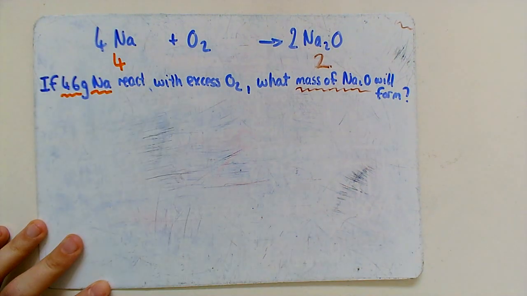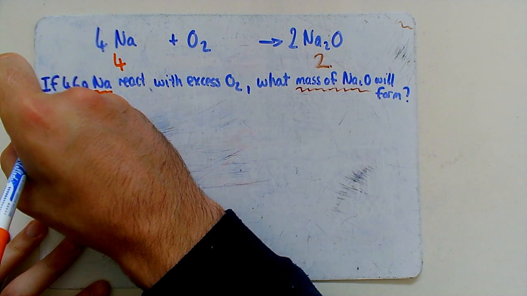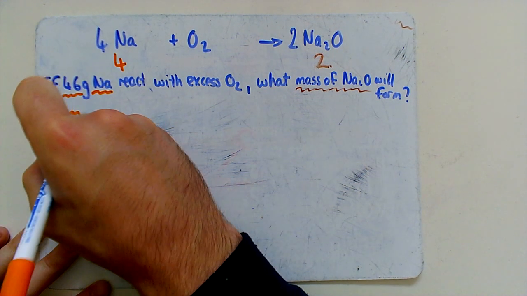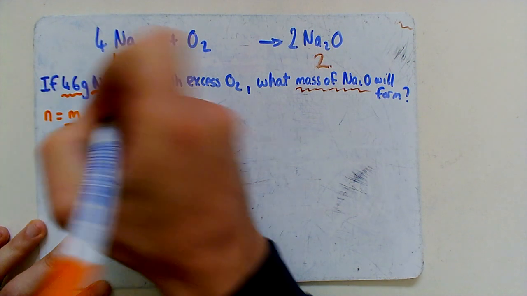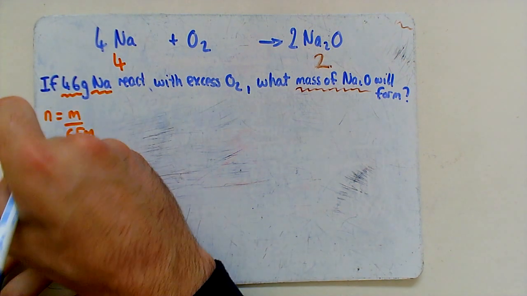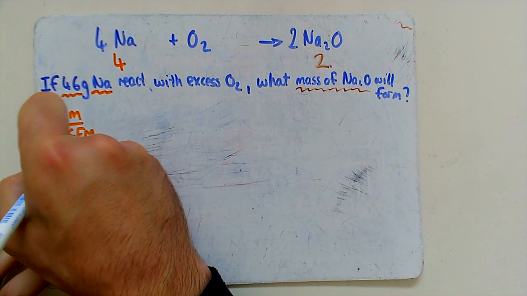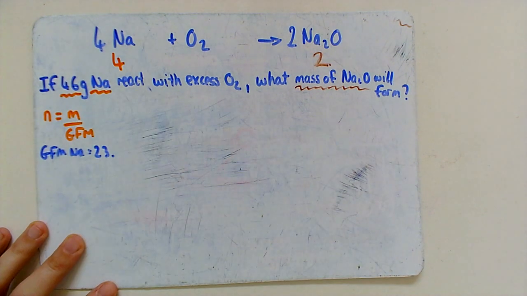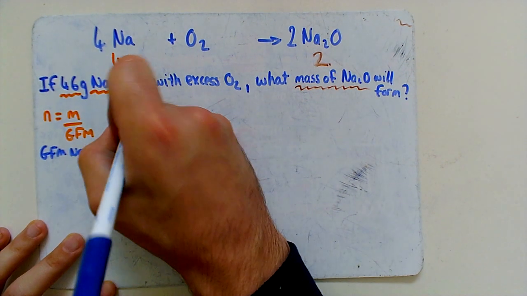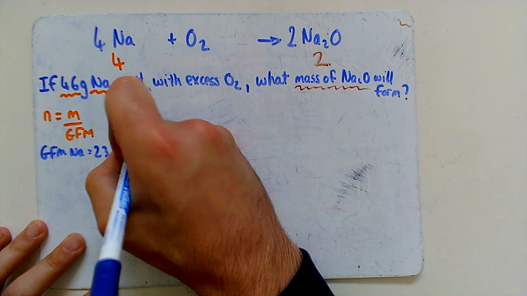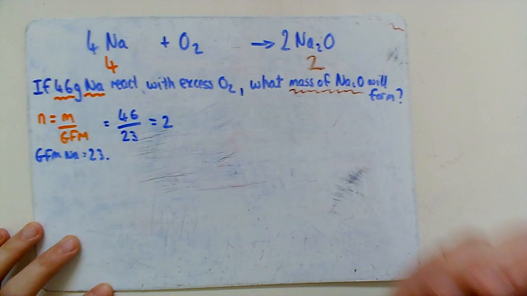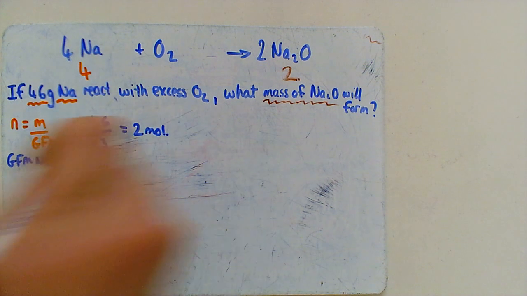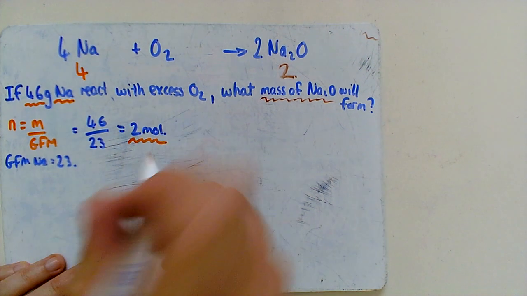So firstly, we've got a mass and we're working out moles, n equals m over GFM. The GFM of sodium is 23. So what we have is 46 divided by 23, which is 2. So that's 2 moles of sodium.